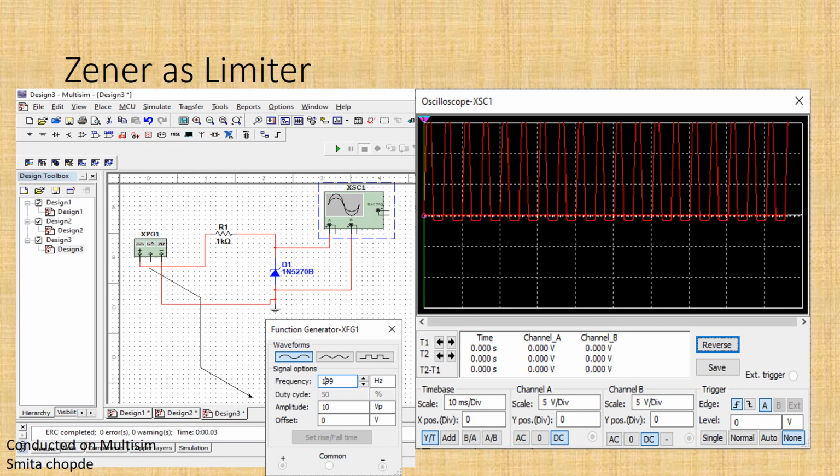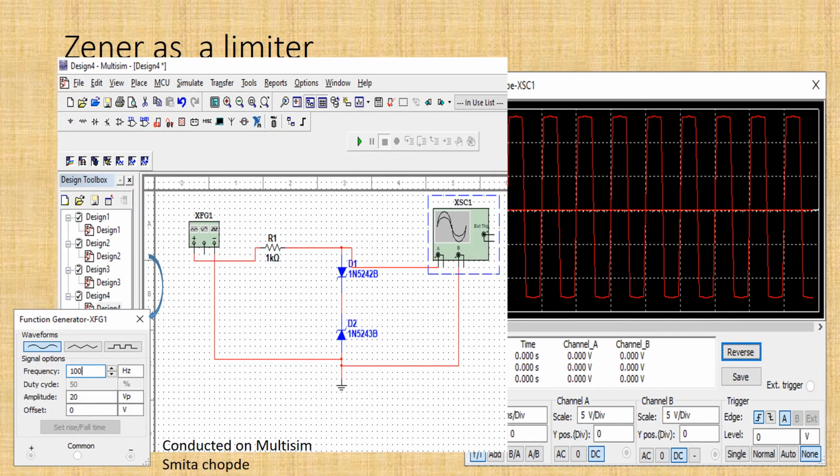The input signal I am applying is an AC signal. Next, two Zeners are connected, one conducting in the positive half of the input signal and another in the negative half.